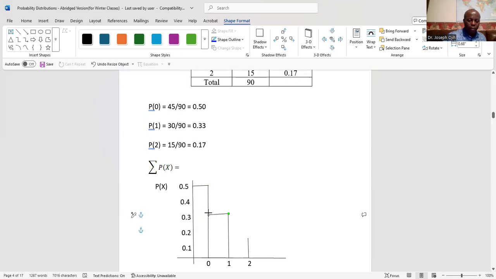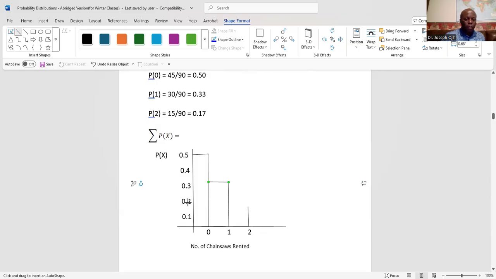And then this one, close it. 0.17 here. It's the mouse that is shifting a little bit. I got it.